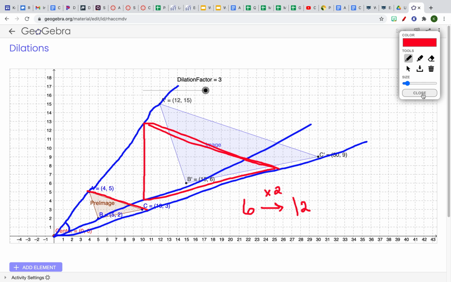You're going to print your screen, you're going to show me that you've played with it, and that's how you're going to show it, because verify experimentally is what the standard says. This is an experiment, it's a technology experiment. So I'm going to ask you to verify that experimentally.